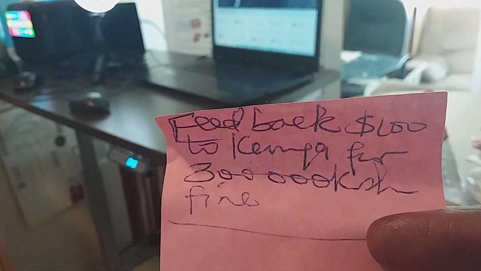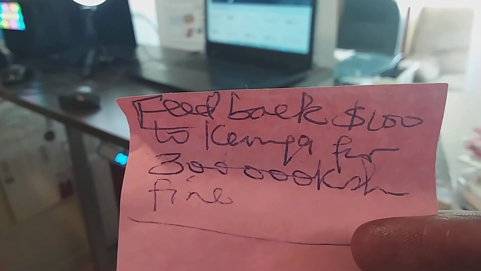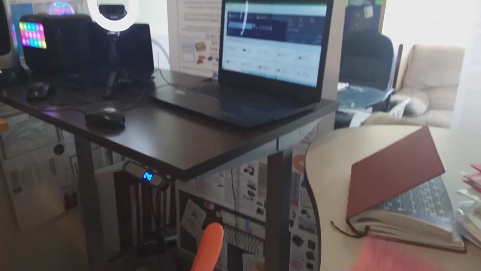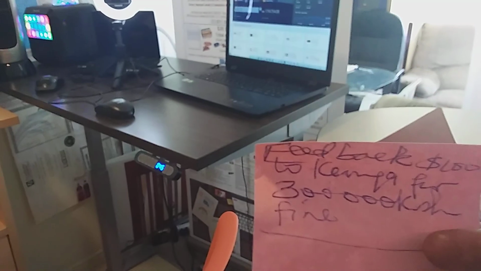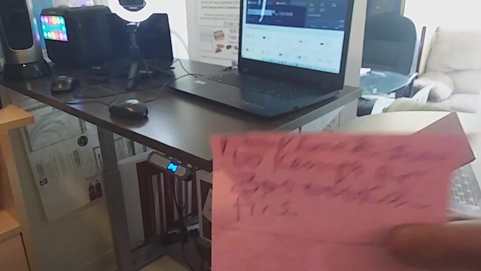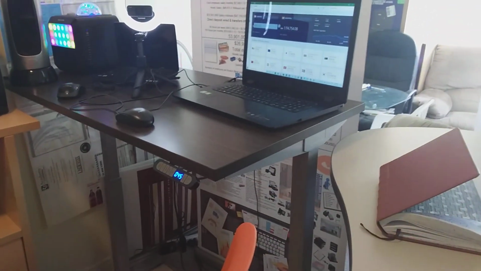So you can see their feedback is $100 to Kenya for 300,000 Kenyan shillings. That is a fine. So if I pay $100, they get 300,000 Kenyan shillings or Ugandan shillings, and the Tanzanian shillings.